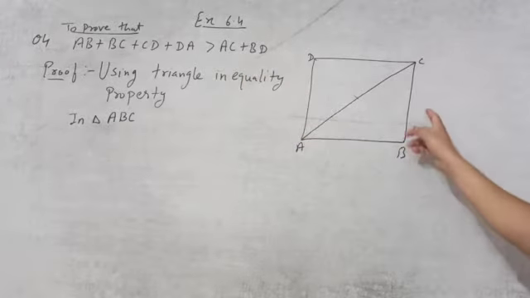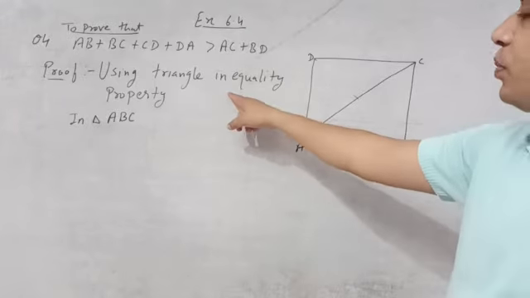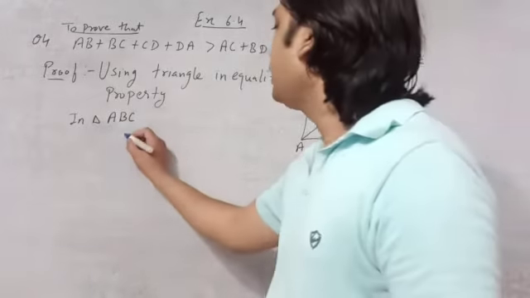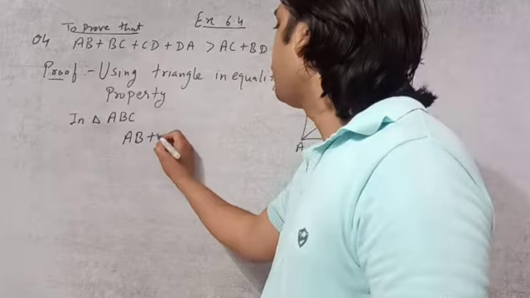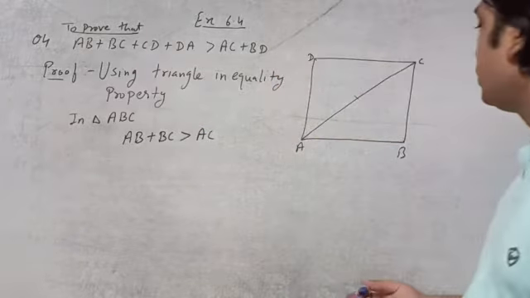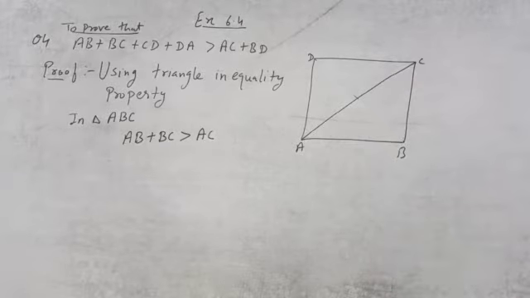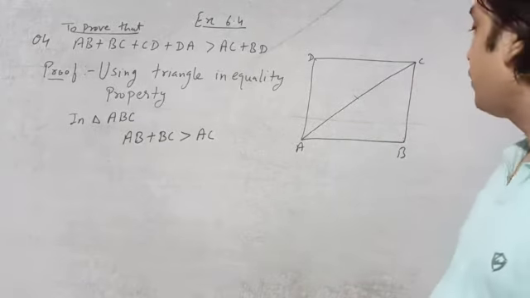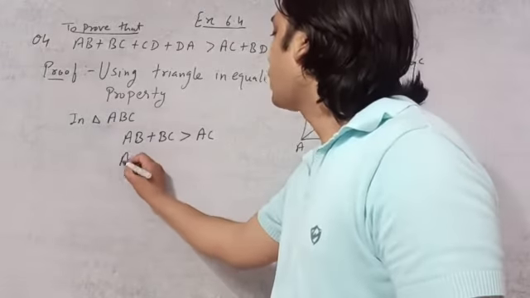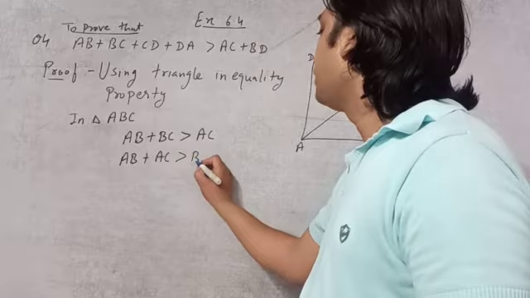So here what we will do? We will apply this property. We will add two sides. AB plus BC is greater than the third side. And what are the other options we are having? We can add AB plus AC is greater than BC.